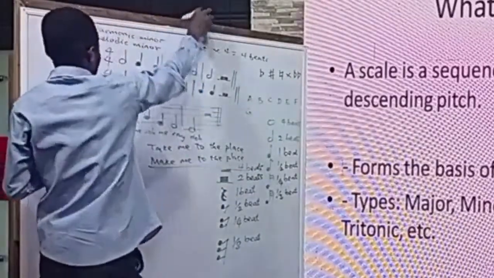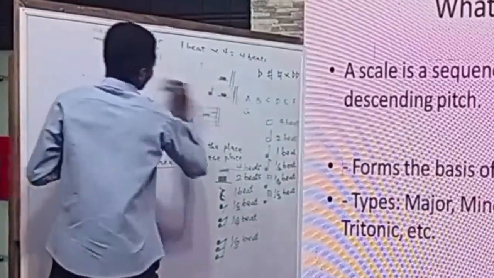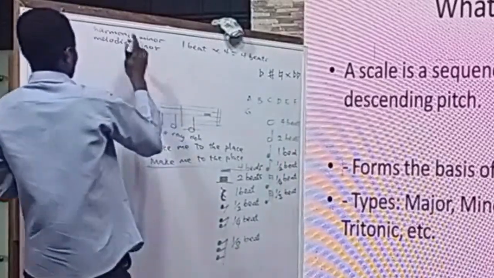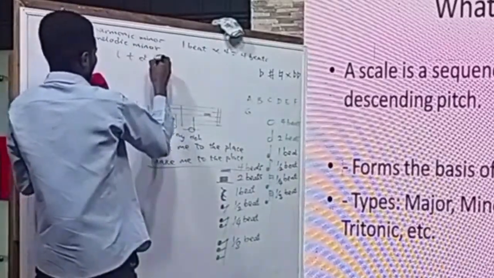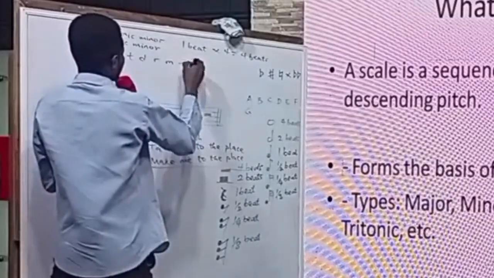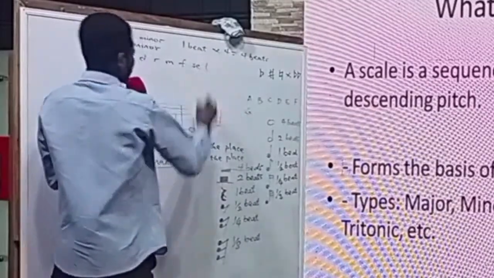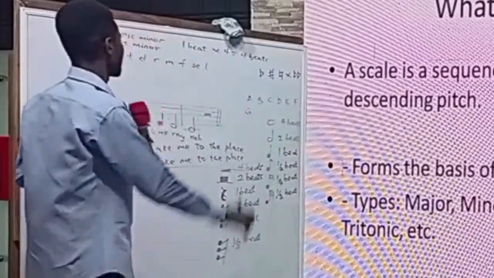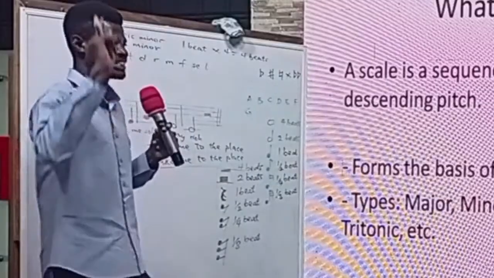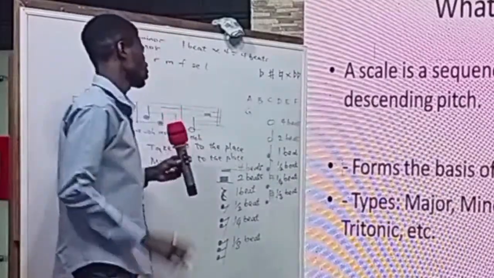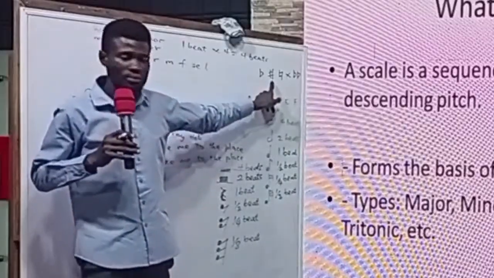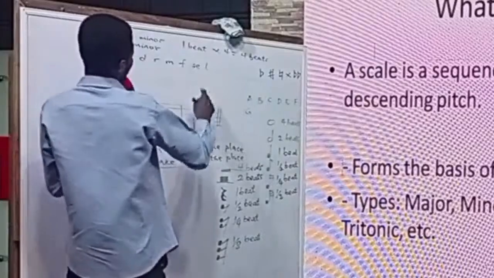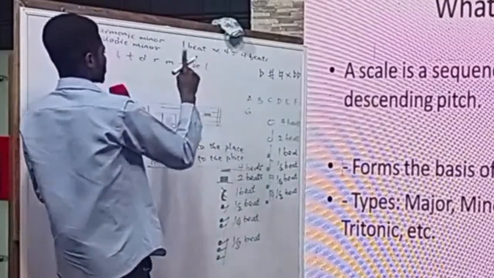Now, to break it down, the harmonic minor scale is la, ti, do, re, mi, fa, si, la. So instead of la, ti, do, re, mi, fa, sol, la, this 7th note has been increased by a semitone. That's the use of this sharp note. So instead of having sol, we have si, which means that the 7th note has been sharpened.